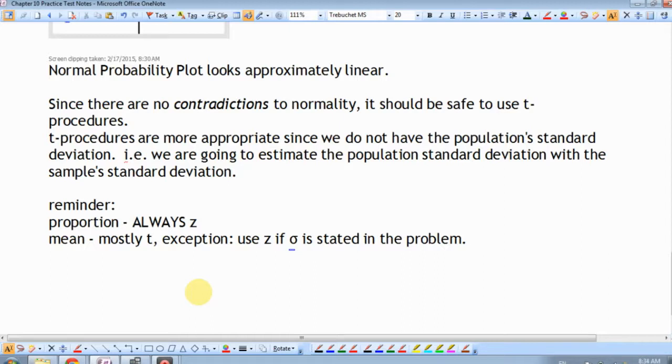Anything else with free response question 3? Okay, let's look at question 2, and then I think we're going to be finishing up with that. Free response question 2.